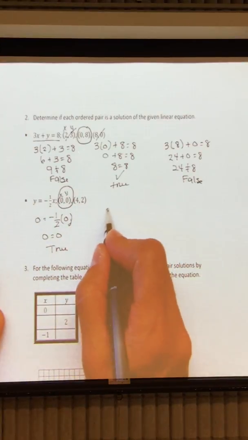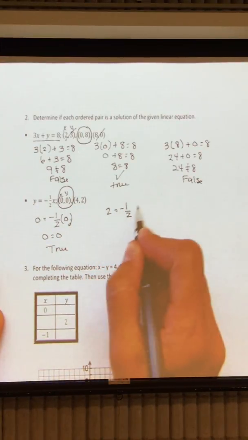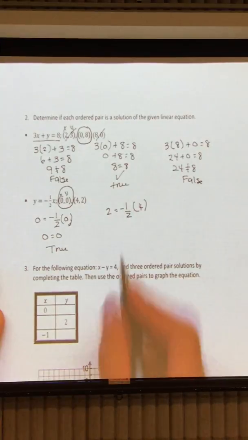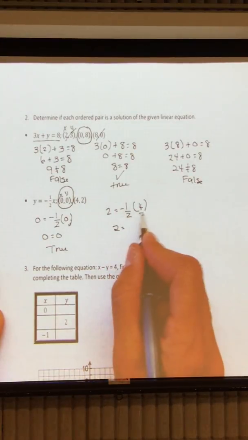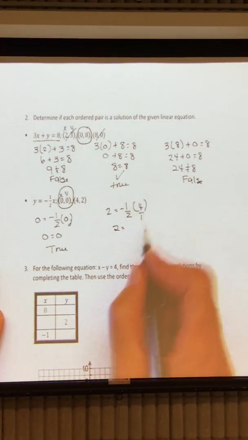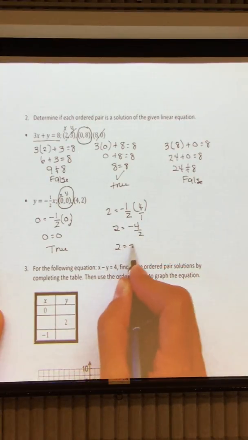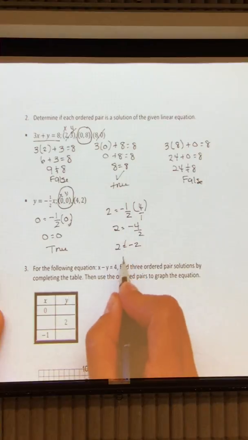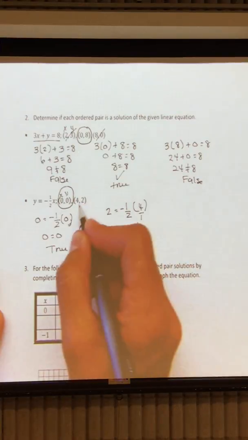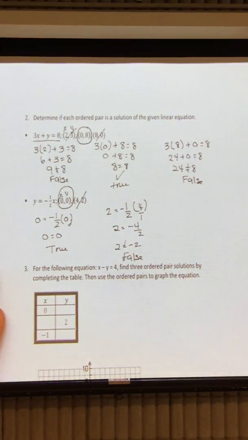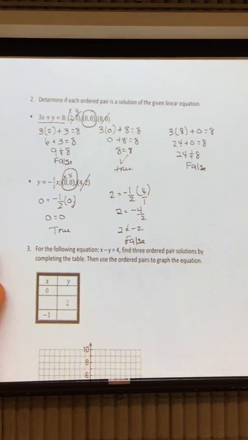Y, which is 2, is equal to negative 1/2 times x, which is 4. So 2 is equal to, again, when we multiply fractions, we multiply numerator over denominator, so we have negative 4 over 2. 2 does not equal negative 2. False. Therefore, 4, 2 is not a solution to that equation.